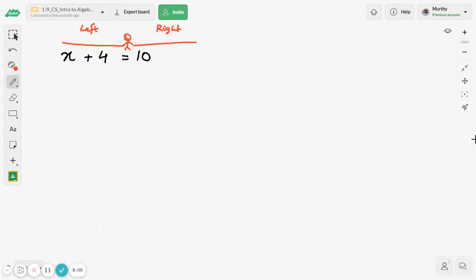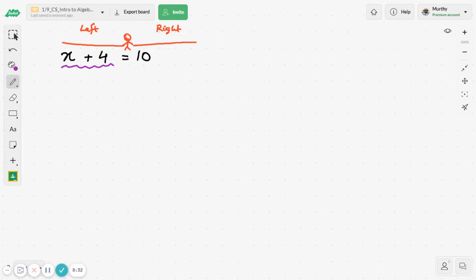So when you check that way, 1 plus 4 equals 10? No. 2 plus 4, is it equal to 10? No. 3 plus 4, and so on. At a certain point, 6 plus 4 equals 10. That way you can do it. But instead, what I recommend is we go for equality properties.